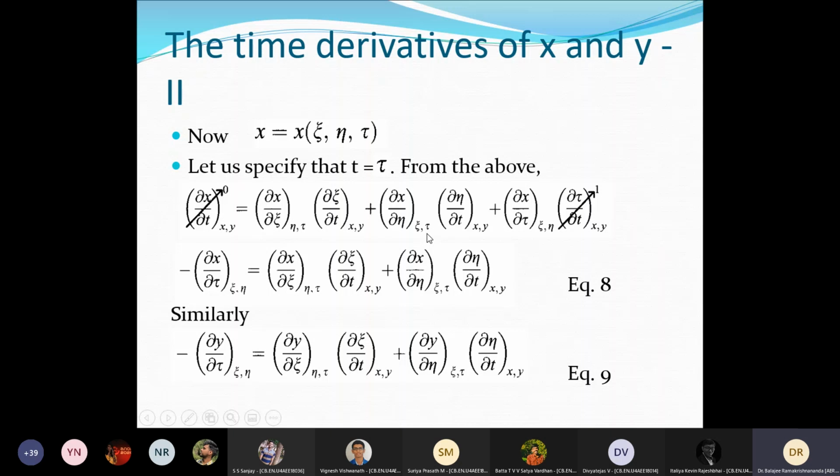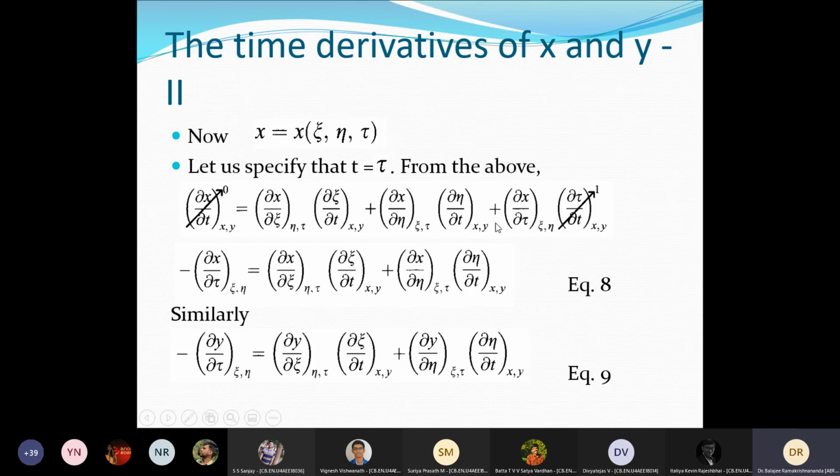For better understanding, he has put the subscript here. If you find some with subscript and some without, you may find it confusing, so he has put it here. Then ∂x/∂τ in the computational domain into ∂τ/∂t is always 1 because t is equal to τ.